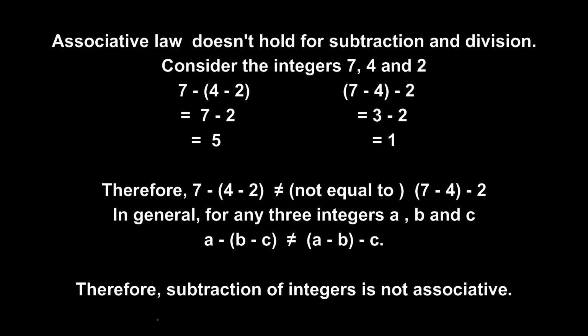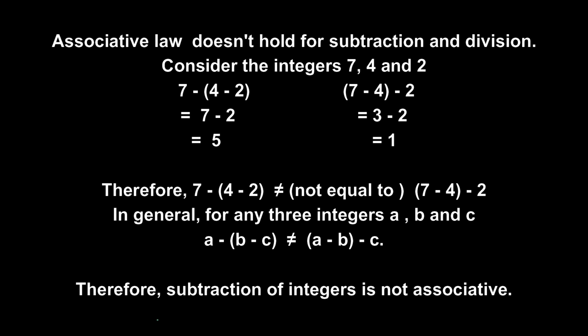So in the first example on the left side, we are getting the answer as 5. On the right side, we are grouping 7 minus 4, which gives me 3, because 7 is the bigger number and 4 is the smaller number. 7 minus 4 is 3, and minus 2, 3 minus 2 is 1.